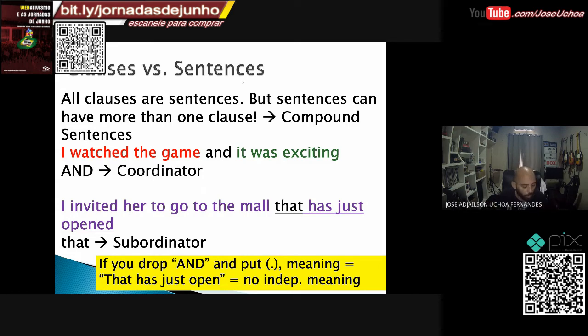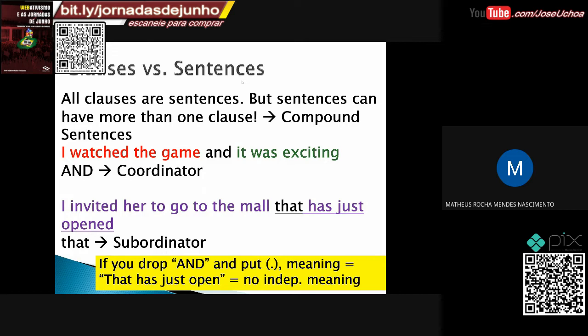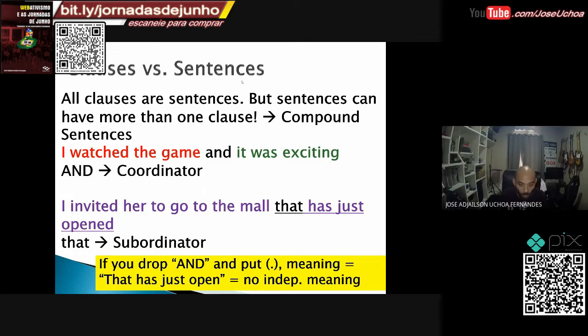I watched the game. Is it completely meaningful for you if I tell you, I watched the game? Do you understand? Which game? I can understand, but which game? Okay, but I watched the game. Okay, we are talking about the game yesterday on TV. Yeah, it's understandable. I watched the game.